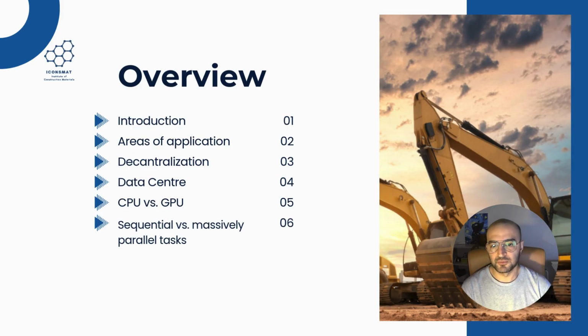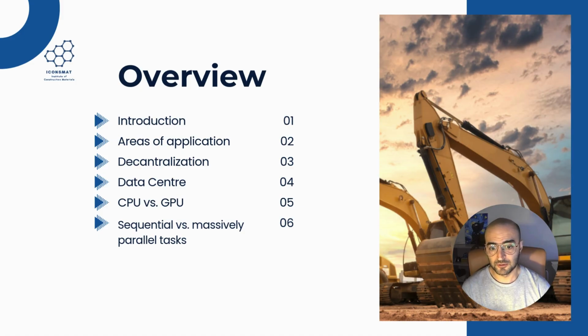In this episode, we'll start with an introduction, then areas of application for artificial intelligence in both construction and also real estate as a final product of any construction project. Why this decentralization is important for us and why centralized systems are no good.